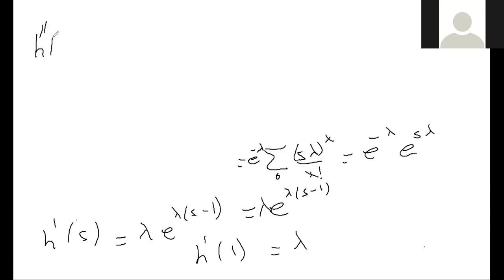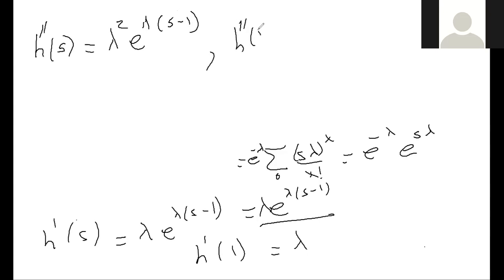H double prime of s, the second derivative, is the derivative of this expression, which will be lambda square e to the lambda s minus 1. And the second derivative at 1 is lambda square.